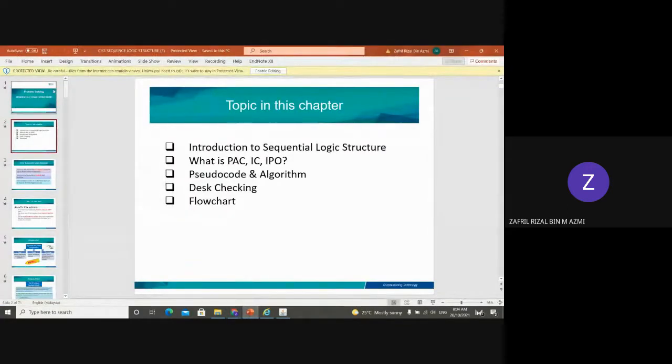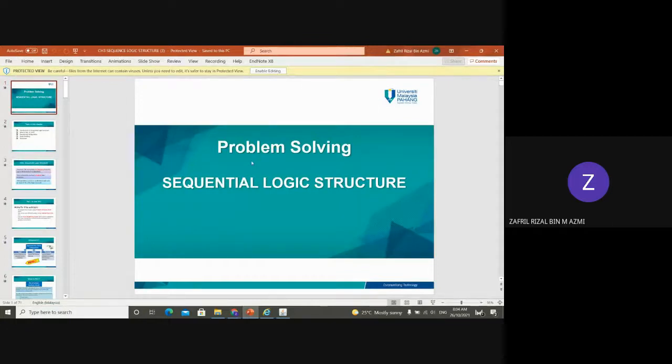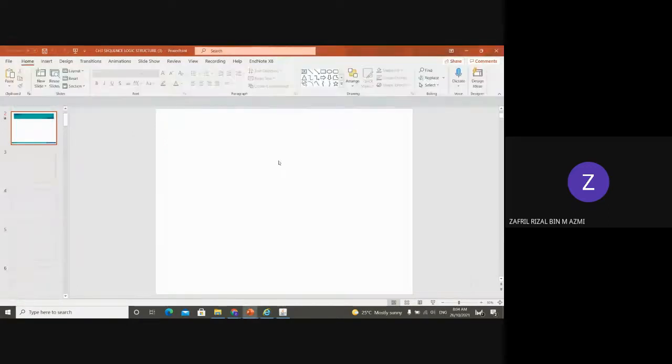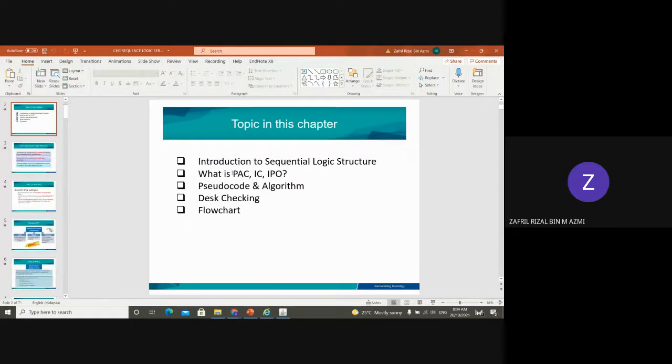Okay, to refresh, last week we covered sequential logic structure. As I mentioned, the elements that we discussed, which are the PAC, IC, IPO, are used not only in sequential logic structure, but in all program design. So we require these elements.